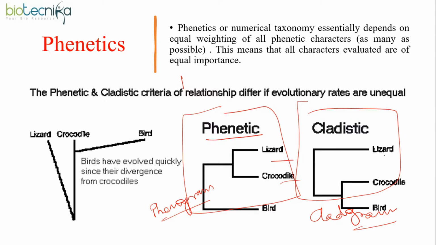Phonetics is, see, lizard and crocodile has been grouped together, because if you look at their class, they all belong to the reptiles. Lizard, crocodile, and bird has been grouped separately. Correct, because it's class Aves. That means on what basis phenogram is going to differentiate?